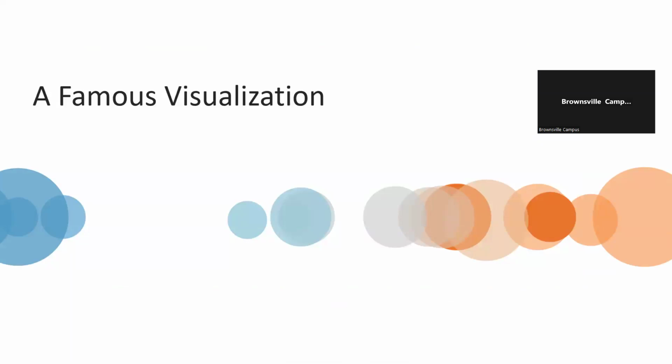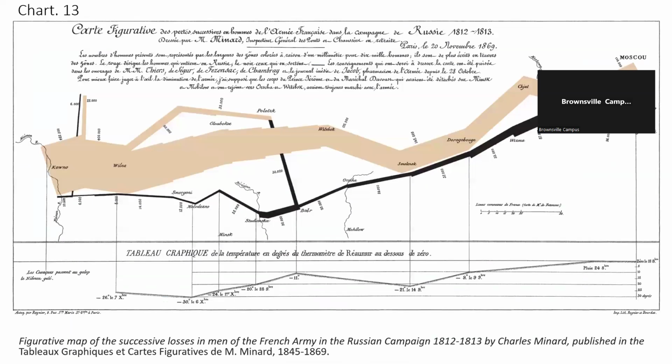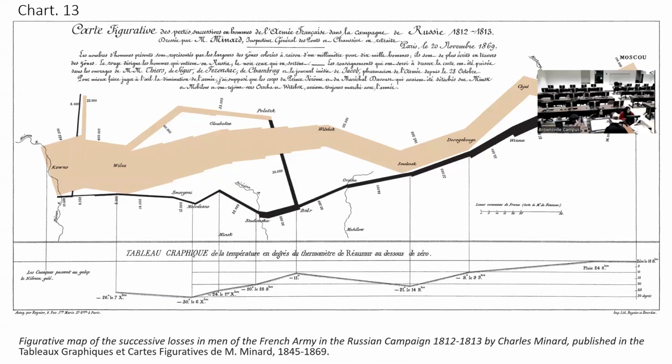There is a famous visualization that we talked about when we were talking about the history, Charles Minard, remember? We saw his graph, and we said we are going to talk about it later on. So today we're going to talk about more details about this graph.